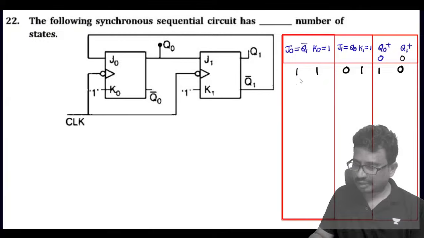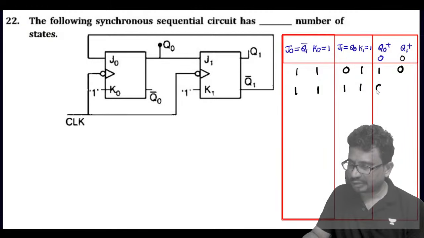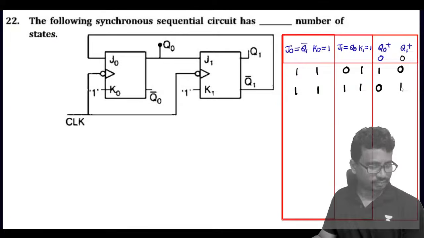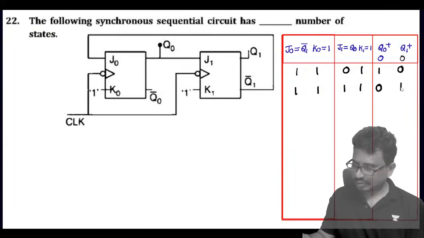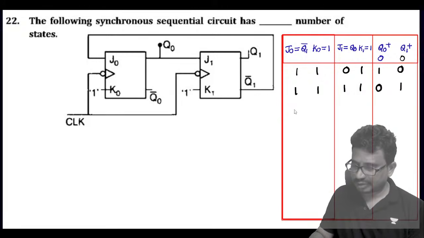And so this value Q1 bar which is 1, and Q0 which is equal to 1, so 1 1 is a toggle. Now you can see here Q0, Q1 bar, J0 which is equal to Q1 bar is 0, this is 1.